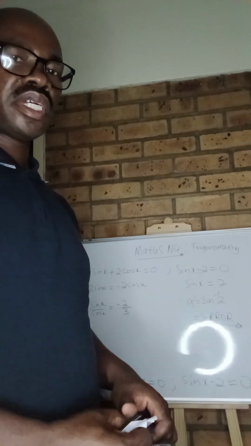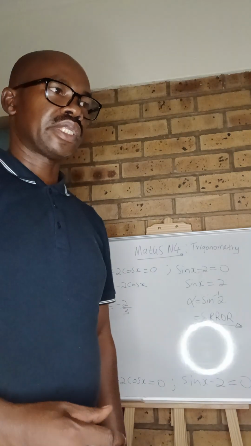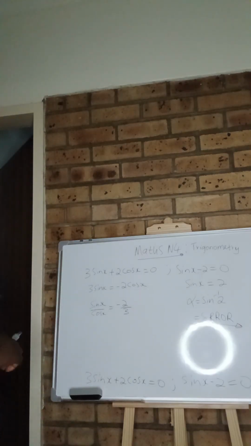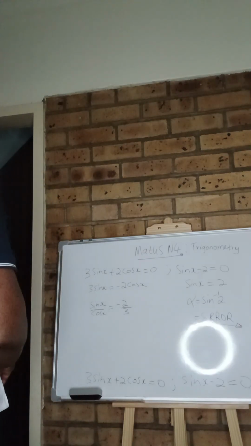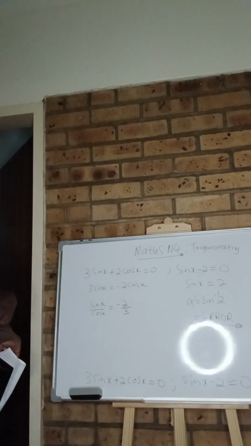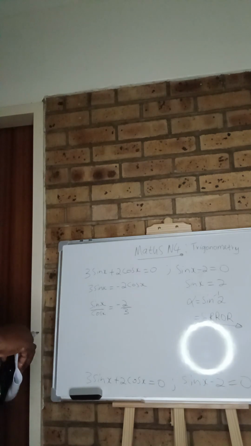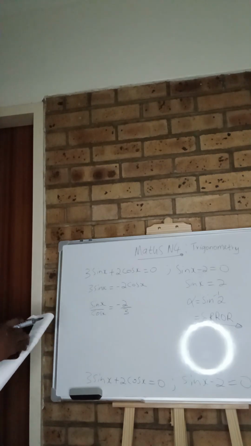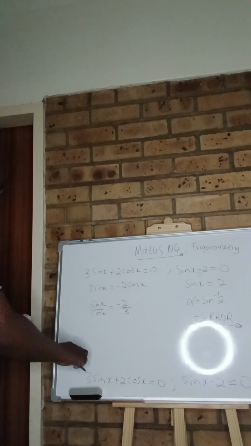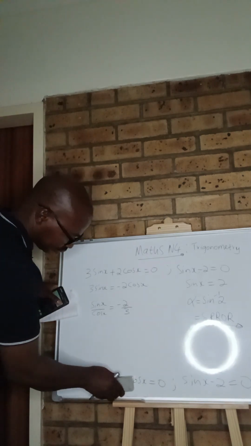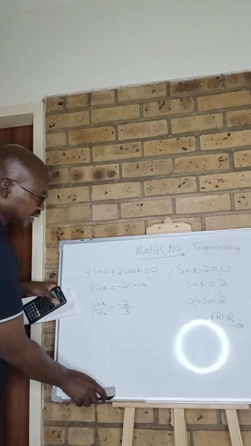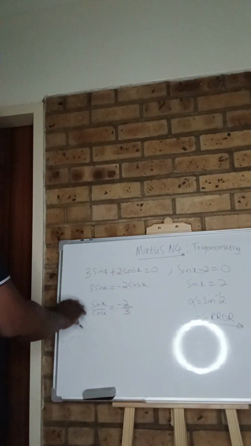I don't know if in N4 the topic of manipulation of technical formula is still being taught, but we have to know how to manipulate the formula to one variable, the subject of the formula. So here, I've just manipulated.